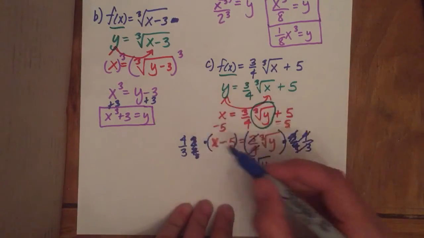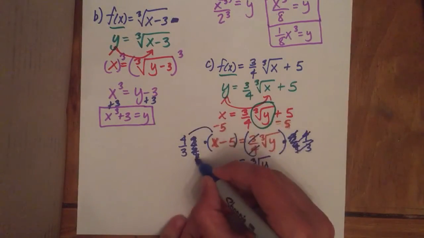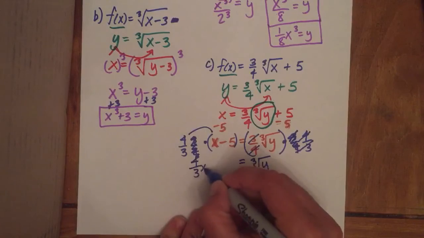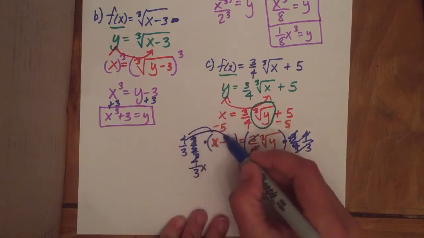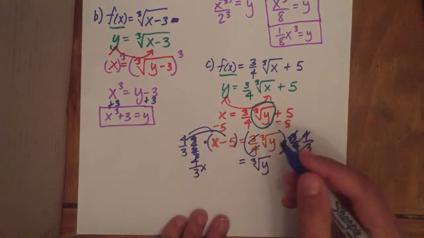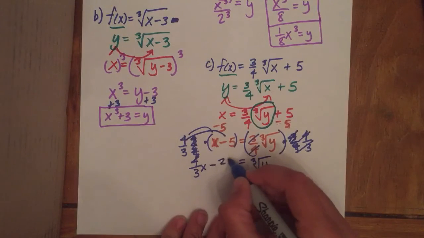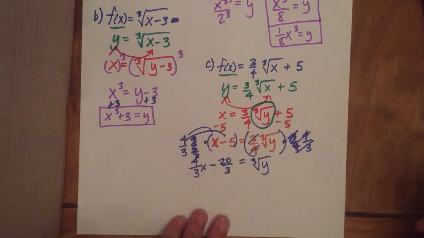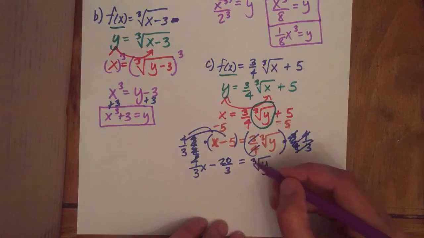And on this side, I'm going to distribute 4/3 times x is 4/3 x. And 4/3 times -5 is -20/3. So now my last step is I want to get rid of this cube root.